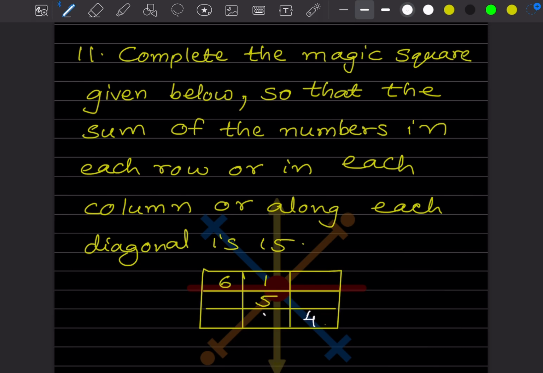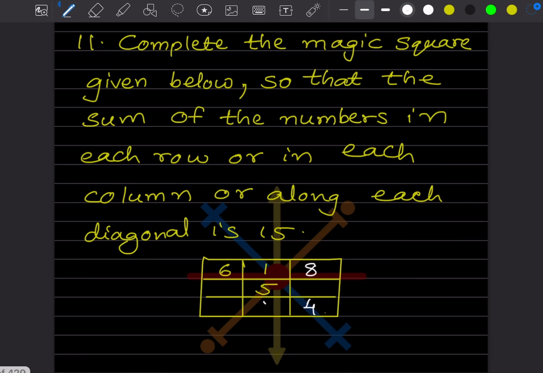Now if we go, because we have two numbers over here, 6 plus 1, 7, and this is going to be 8. So that is going to be 15. So now we can do here 12 and this is going to be 3. Now if we take this part, 8 and here will be 7.